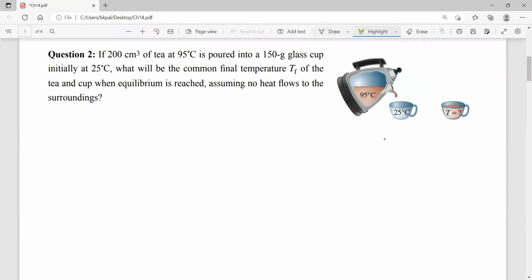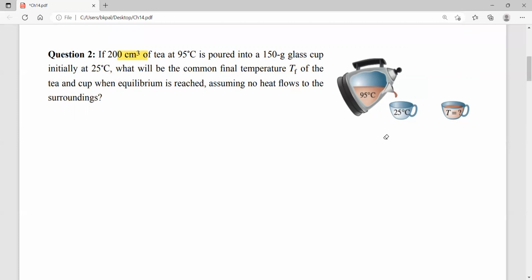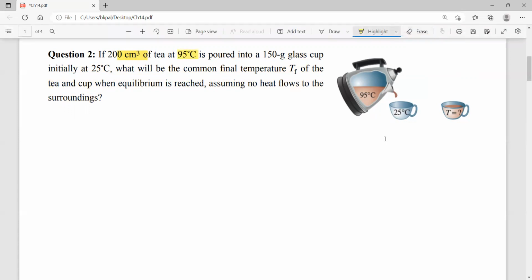So we have many things already given. This is the volume of tea actually. This is the volume of tea, and the initial temperature of the tea is 95 degrees Celsius.